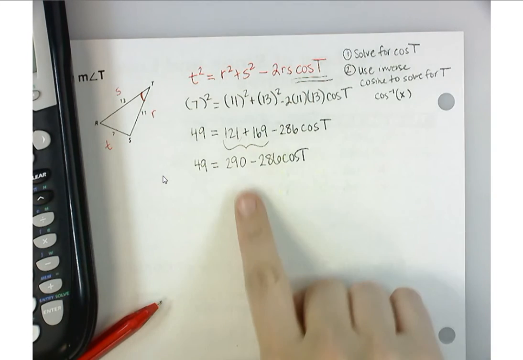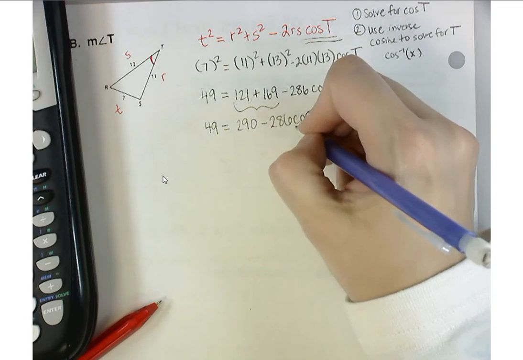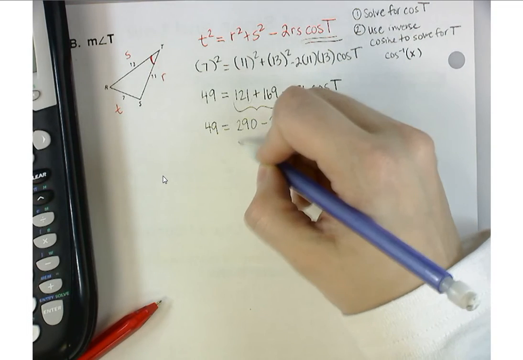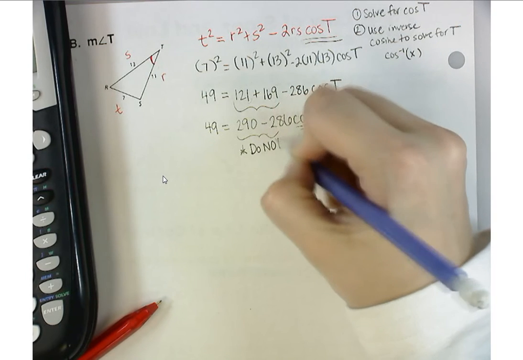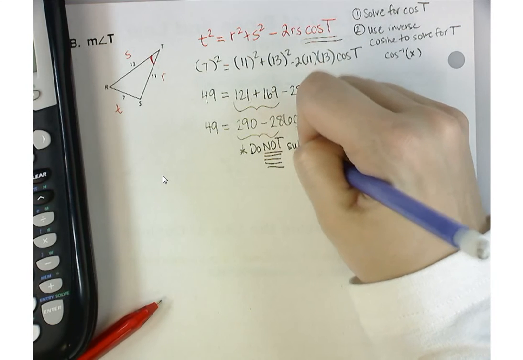Okay, so if I'm trying to get cosine of t by itself, and I cannot combine these, let's actually write a little note. Do not subtract.